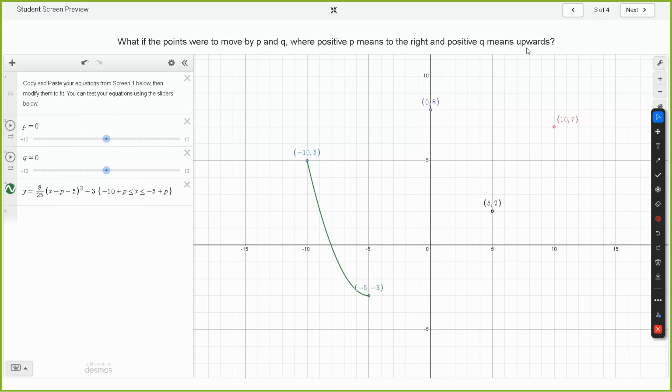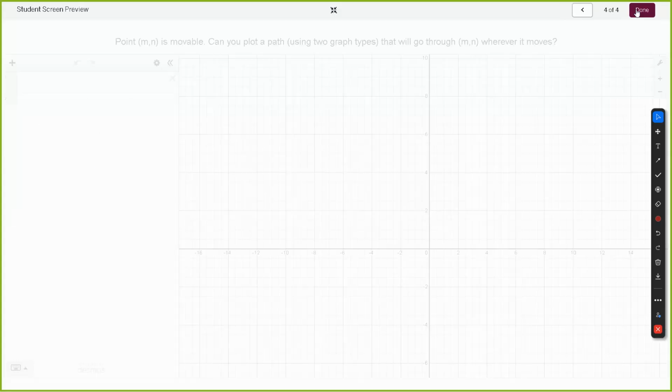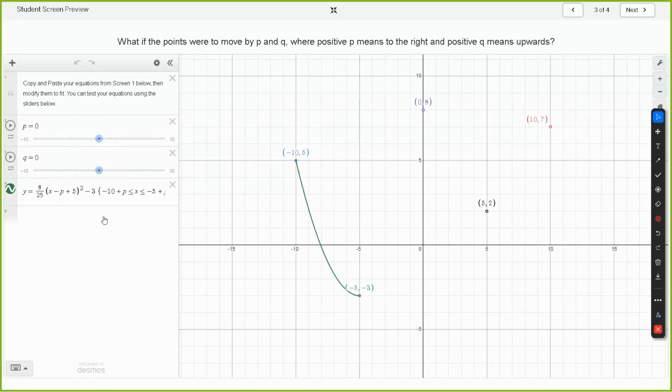Now I want to do this for all of them. So I go to the next equation. Let's go to the next one. Copy that, let's go back again, and I'm going to paste it here. Alright, so this one here looks like it needs to shift. I'm going to shift this, by the way, from the original point.